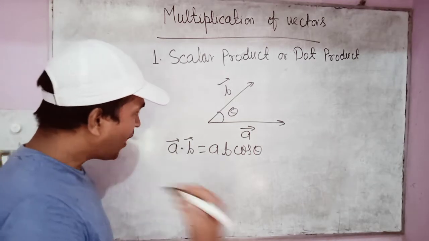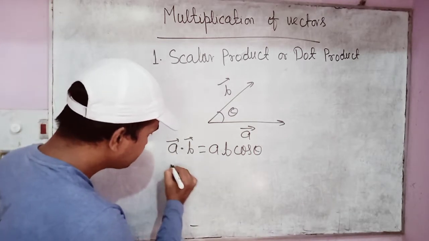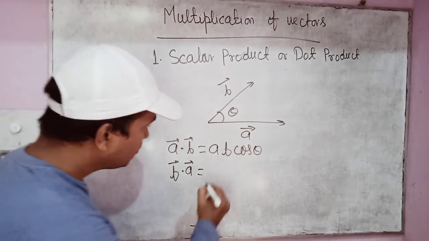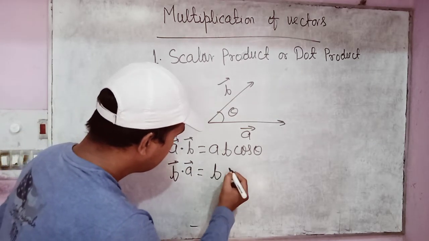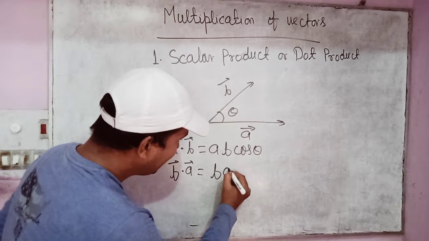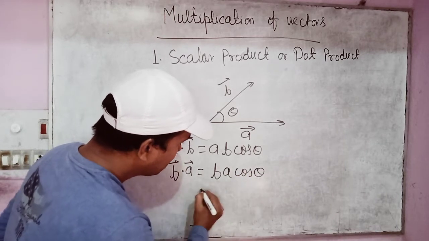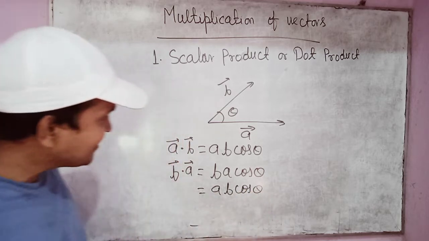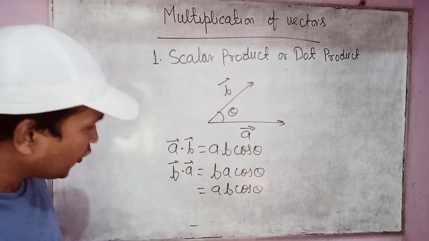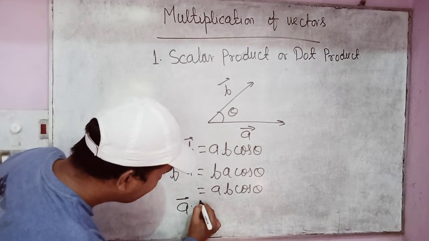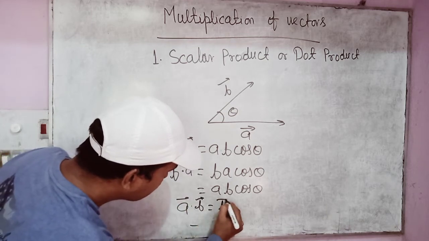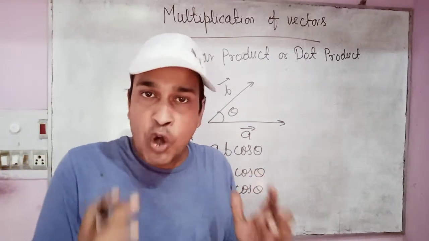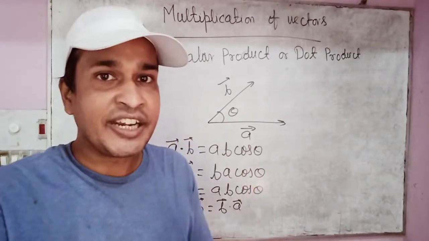Now what is B dot A? B dot A is equal to B into A cos theta, so this can also be written as AB cos theta. So we can see that A dot B is equal to B dot A. What we conclude is that the dot product of two vectors is commutative.